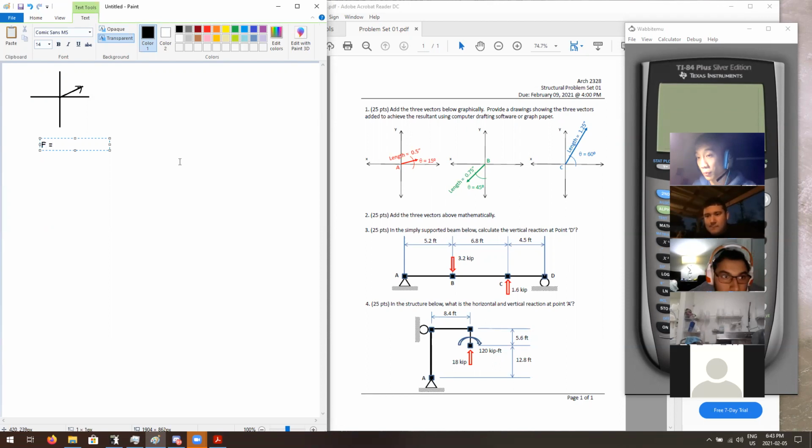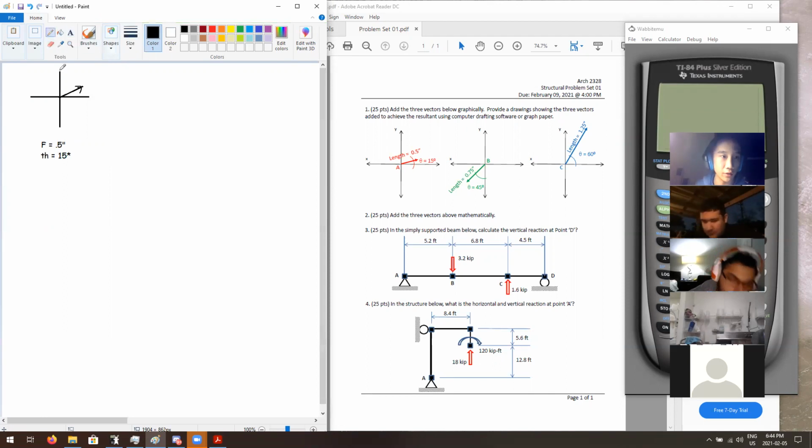That's how we normally do vectors in structural, I assume. F is equal to 0.5 inches. And theta, which is the angle, is going to be 15 degrees. So this angle right here is 15 degrees.